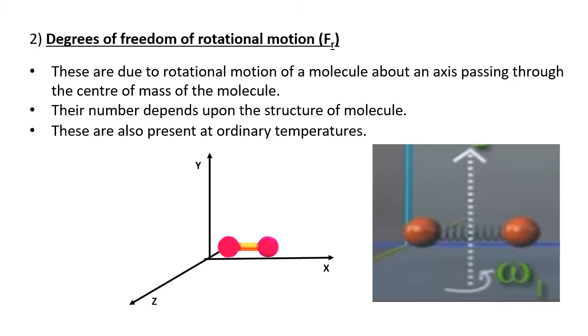Degrees of freedom of rotational motion, Fr. These are due to the rotational motion of a molecule about an axis passing through the center of mass of the molecule.